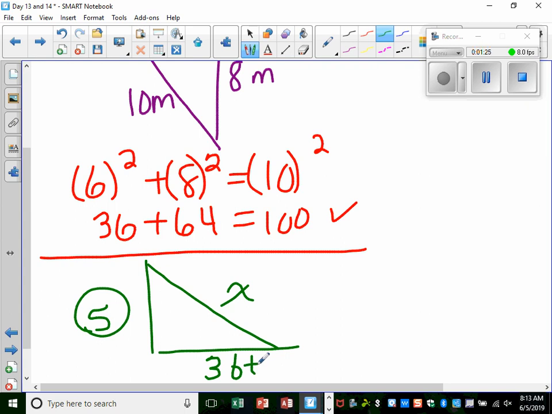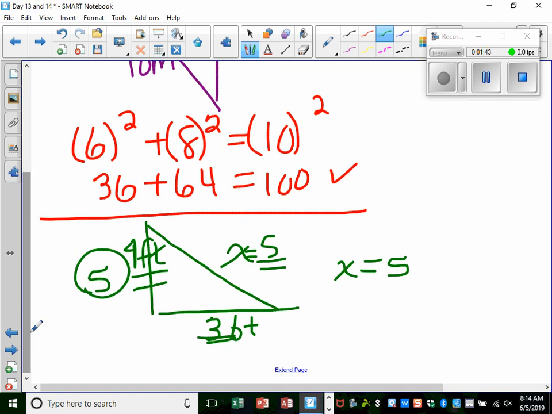C. Now, this one I'm not even going to do because it's a very common one. This is your 3, 4, 5 right triangle. So I'm just going to say x equals 5 because that's the perfect 3, 4, 5 triangle. That's one that you'll just tend to memorize. So let's actually do question number 6.